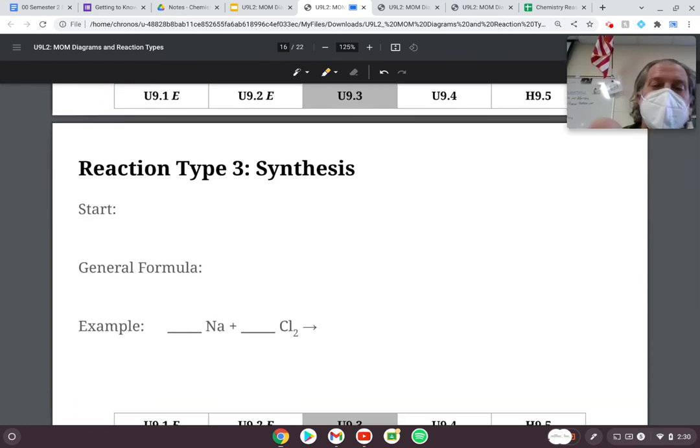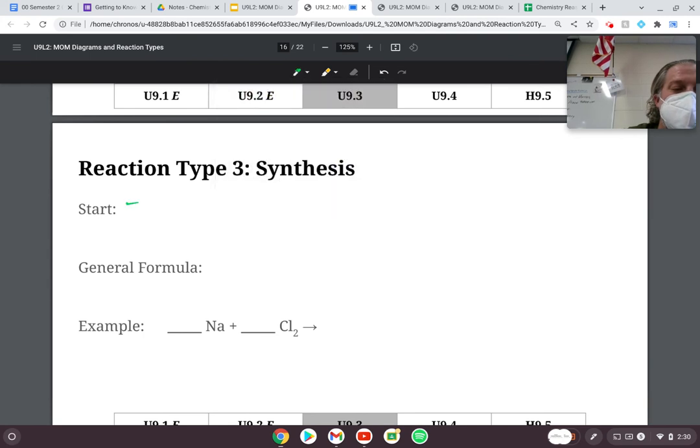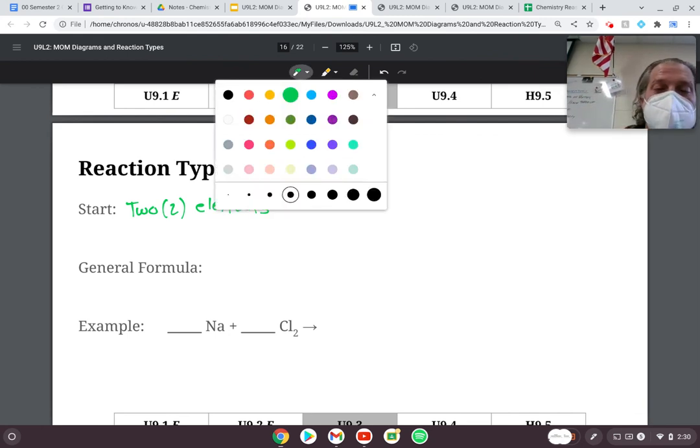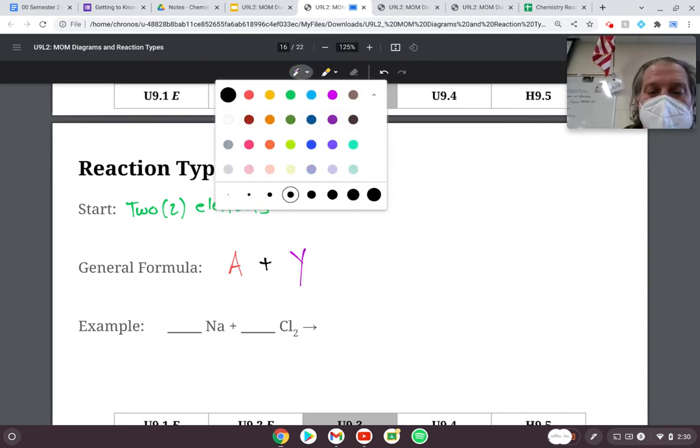So in a synthesis reaction, usually you start with 2 elements. That's usually what you start with. That doesn't mean that you can't start with like an element in a compound, but we usually start with two elements. And the general formula here is something like A plus Y makes AY.